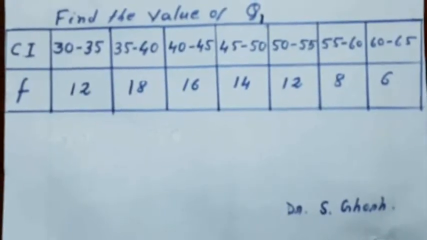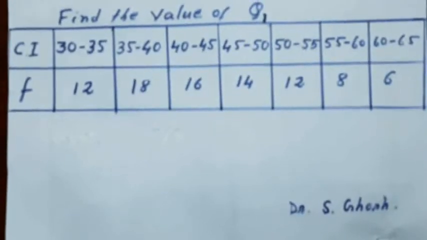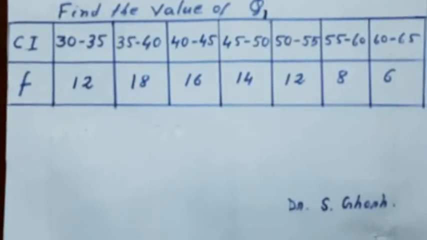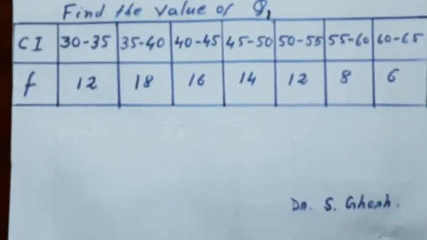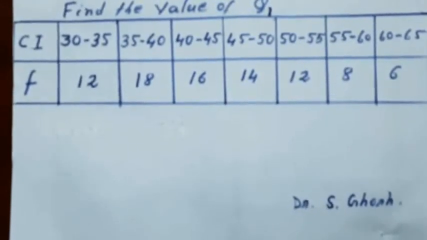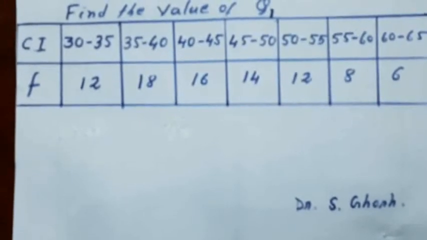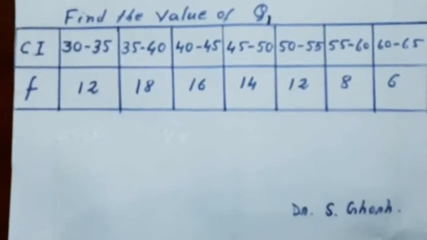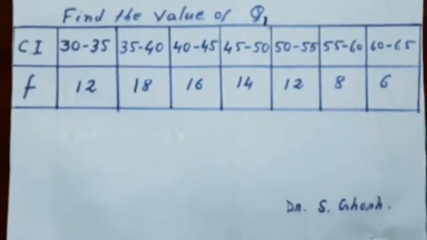So you see, the class interval is a continuous series. If it is not continuous, you make it continuous by converting the class interval into class boundary, as we have seen in the case of calculating the median. This is the formula. This is the problem.